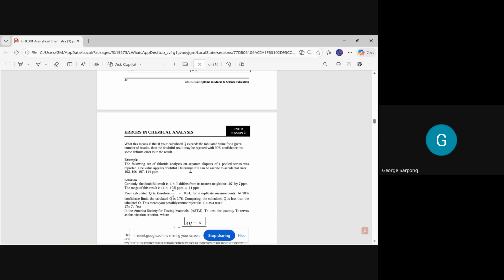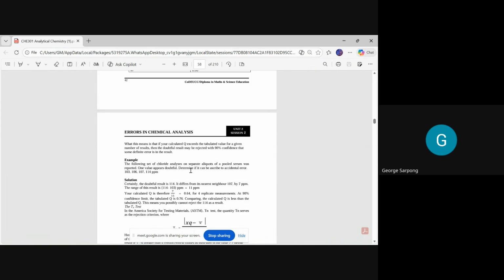Okay, please, the question. Should I start from the example? The following set of chloride analyses on separate aliquots of a pooled serum was reported. One value appears doubtful. Determine if it can be ascribed to accidental error: 103, 106, 107, 114 ppm.